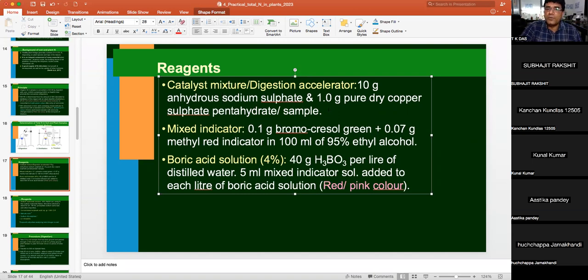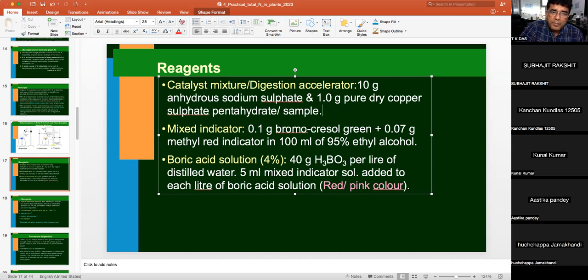It is better to prepare a mixture in advance. You can prepare 1 kg mixture of sodium sulfate and copper sulfate in a 10:1 ratio, and you can take a total of 11 gram.